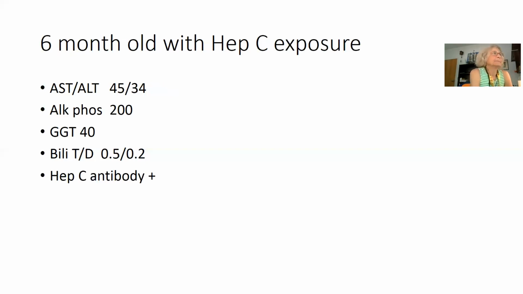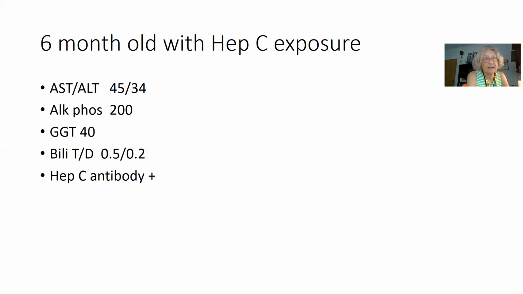And then next patient is a 6-month-old with Hep C exposure. Liver tests are normal, and the pediatrician got a hepatitis C antibody, and the family is really upset because mom thinks she gave her baby hepatitis C. You need to remember that you get transplacental passage of hepatitis C antibody, and so you can't use that as a measure until they're 18 months of age, and before then you have to get RNA.